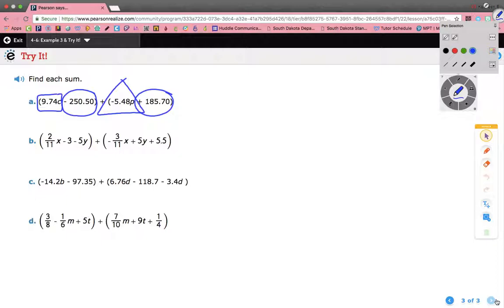Okay, so our equation over here, there's only one c, so it's going to be 9.74c plus -5.48p.